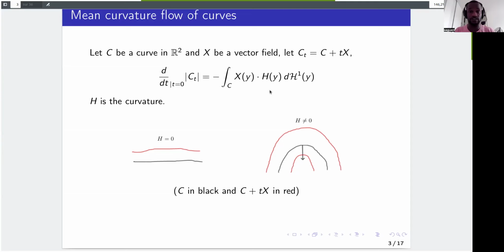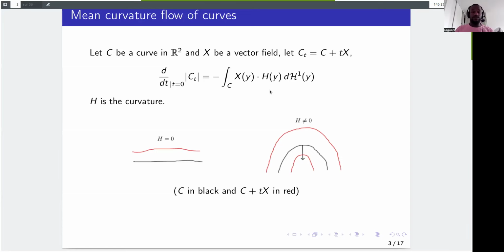And we take a vector field in R2, which we denote X, and we consider the curve C_t, which is equal to C plus tX. So I perturb my curve in the direction of X for a very small time, so that the resulting curve is still embedded.